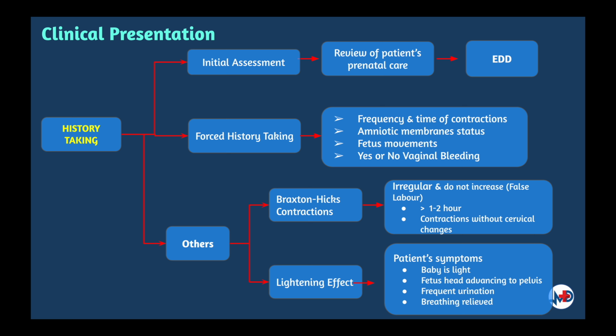When it comes to physical examination, the basic examination that you will need to do would include the patient's vital signs, fetal presentation, assessment of fetal well-being, and frequency, duration, as well as intensity of uterine contractions. We can then proceed with the Leopold's maneuver, which is the abdominal examination. The first maneuver is where the examiner places both hands on each upper quadrant of the patient's abdomen, gently palpating the fundus with the tips of the fingers to define which fetal pole is present in the fundus.